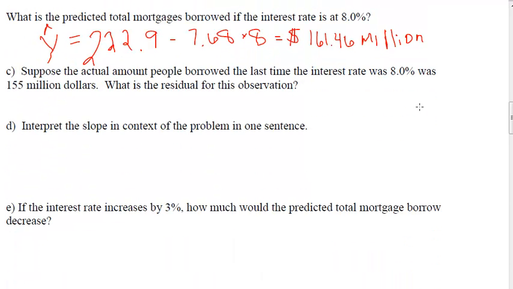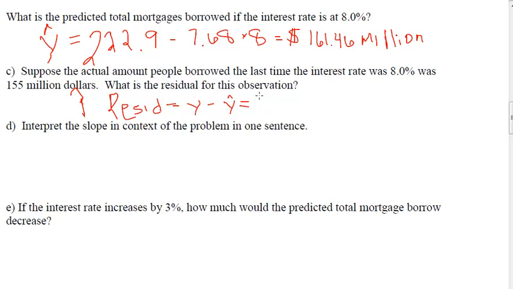The next question is, suppose the last time the interest rate was 8%, people borrowed $155 million. What is the residual for this observation? So the residual is equal to your observed, which we call y, minus your predicted, which we call y hat. Your observed value has to be given to you in the problem somewhere because it's your observed raw data. You can't calculate that.